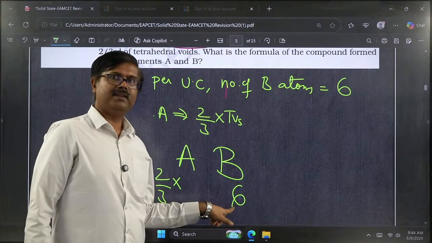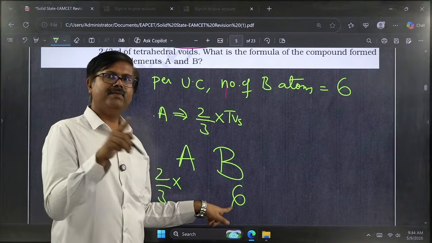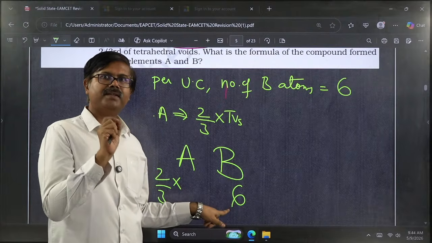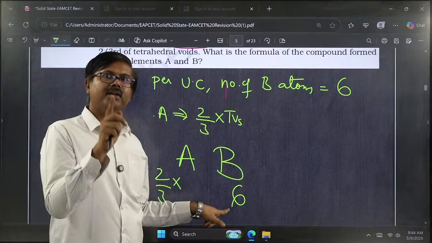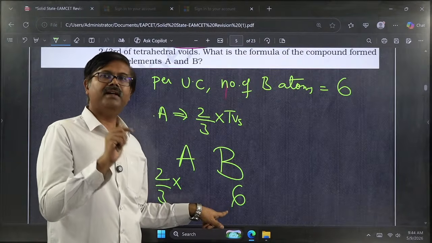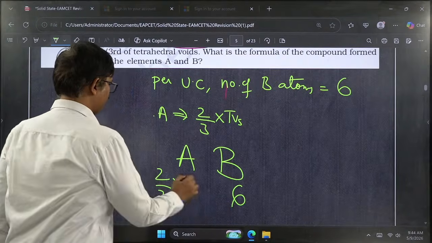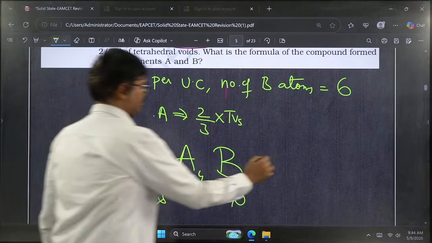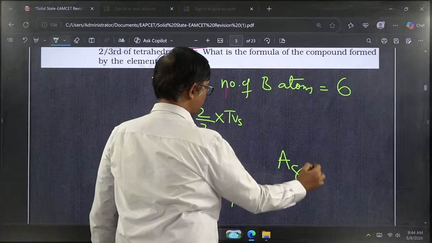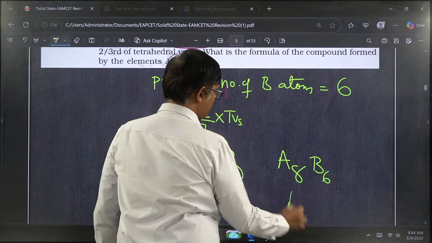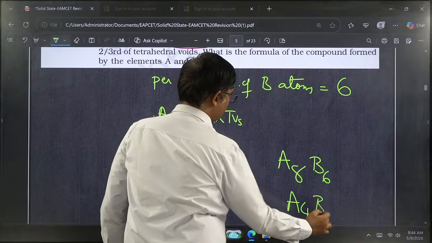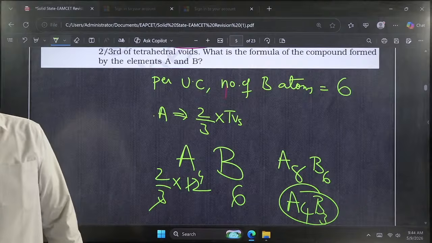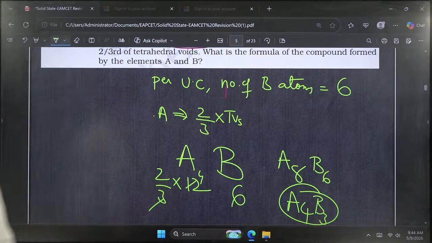If 6 atoms are there per unit cell, these 6 will create 6 octahedral empty spaces, and double, 12 tetrahedral empty spaces. So 2/3 of 12 is 8. So, A8, B6. Simple ratio is A4, B3. This is the formula. A4, B3 is the formula.